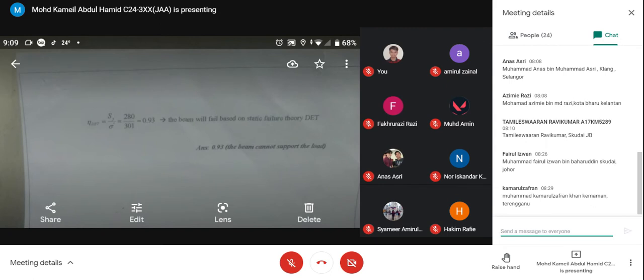Okay, dapat tu just DET, just Sy divided by sigma prime kan. Okay, the beam will fail based on static failure theory. DET punya dia 0.93.